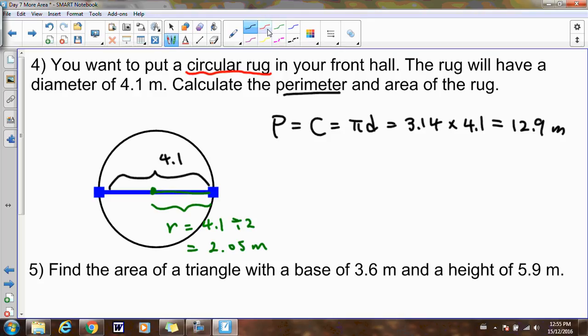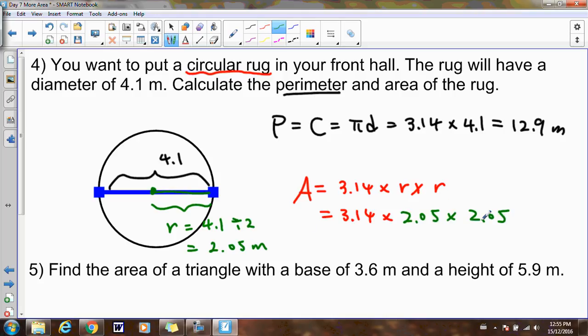To find the area, on the other hand, we use the formula 3.14 times r squared. So it'll be 3.14 times the radius, but we found the radius to be 2.05, so we'll just multiply that twice. And you will get the answer 13.19 meters squared.